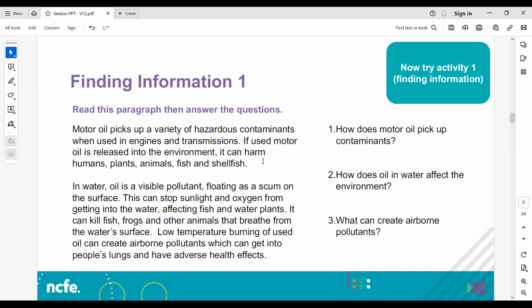Okay. So the first question, how does motor oil pick up contaminants?